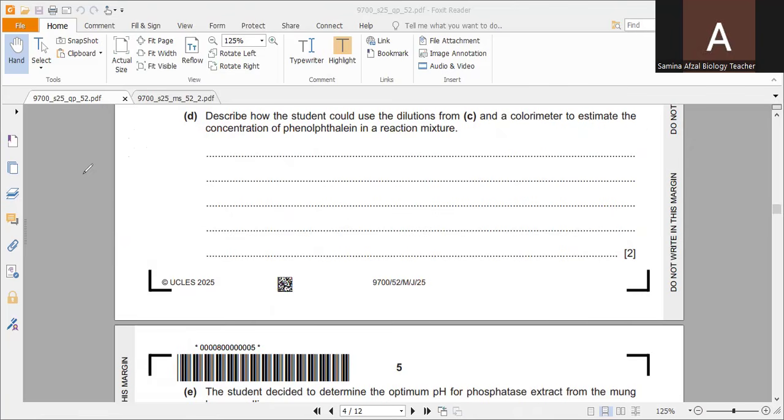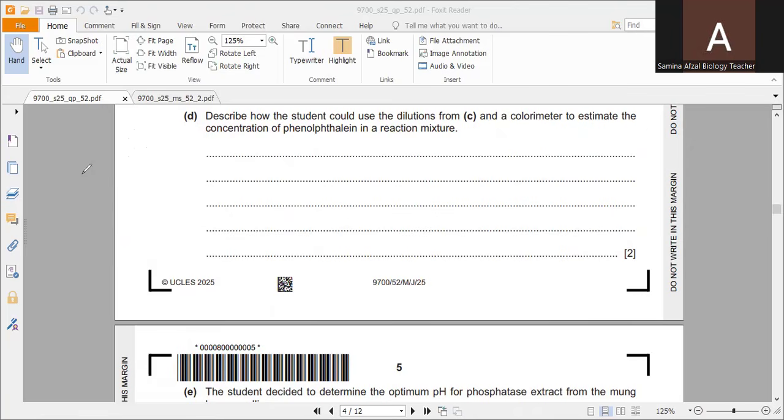So here I would like to discuss that first of all, you must establish a relationship between known concentrations and their light absorbance. First of all, we have to use the colorimeter to measure the absorbance of each of the known dilutions prepared in part C, which we have already done above.